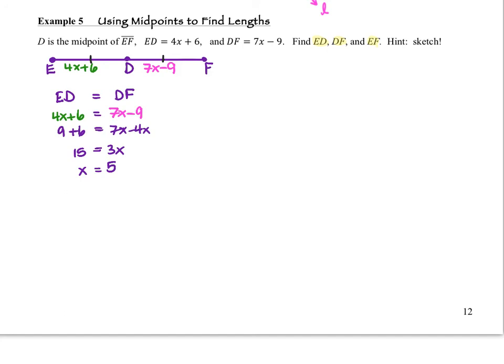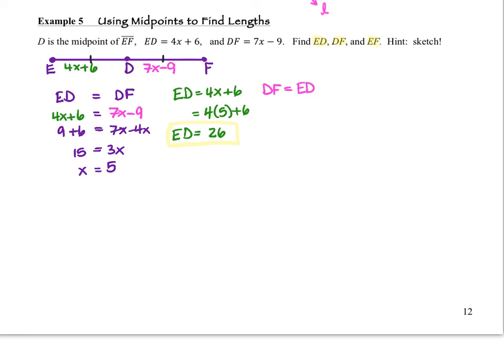So we're going to start by plugging into ED, and that expression is 4x plus 6. We substitute in our value 5, and we end up with segment ED having a length of 26. Then we need to find the length DF, but DF is the same length as ED.